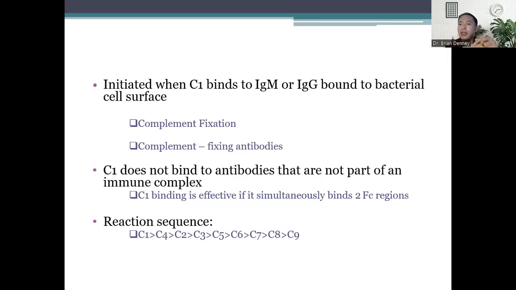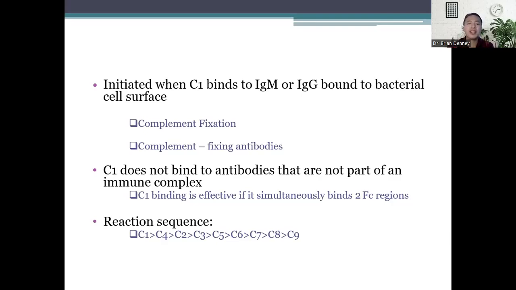So what happens in complement fixation? There is attachment of your antibody to the antigen surface, forming antigen-antibody immune complexes. And the antibodies that participate in complement fixation are termed complement fixing antibodies. So what are these antibodies again? In order of efficacy: IgM, IgG3, IgG1, and then IgG2 being the least efficient.